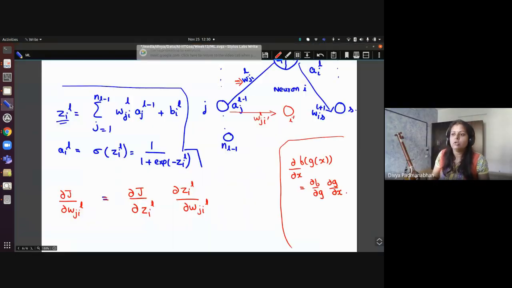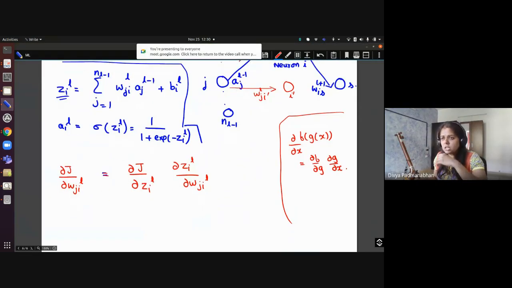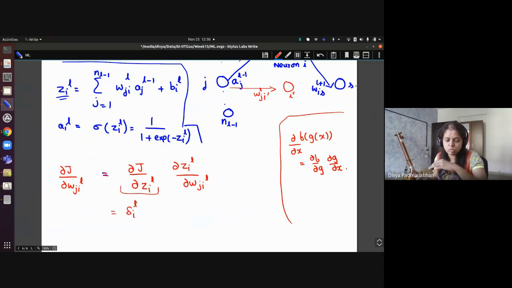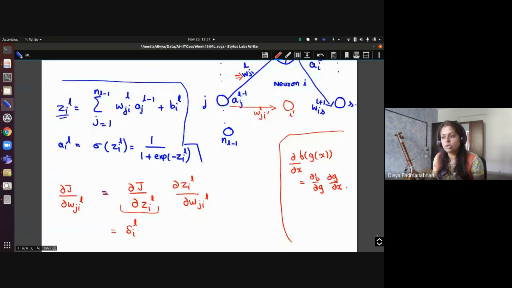All right. So what we'll do is this quantity here, dou J by dou z. This is something we will just maintain throughout. I'll call this delta IL. We'll come to how you compute this one. Let's look at the other term now, dou zi by dou wjil. So basically the derivative of dou z with respect to wjil.